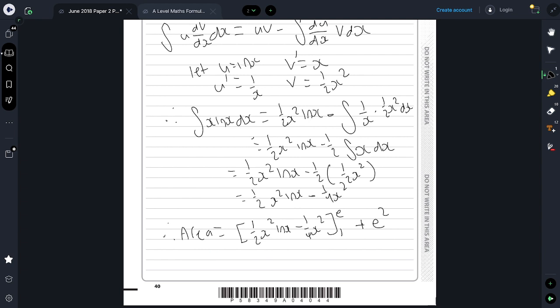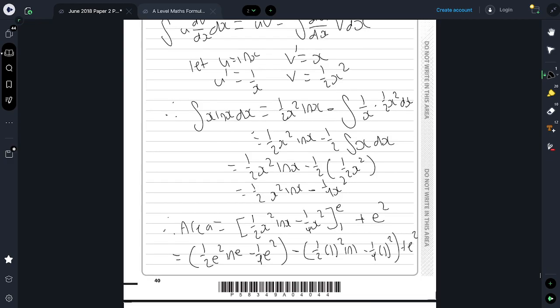Let's work this out. So we're going to have a half and substitute the top number in. A half e squared ln e minus a quarter e squared, minus, and then a half of 1 squared ln 1 minus a quarter 1 squared, plus e squared right at the outside.